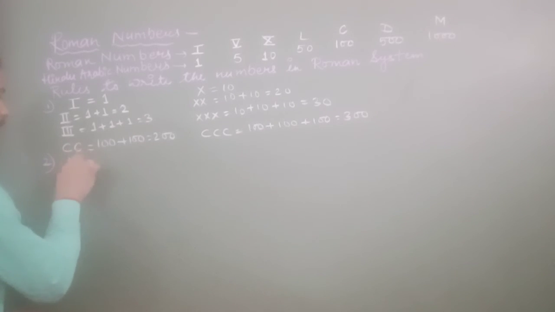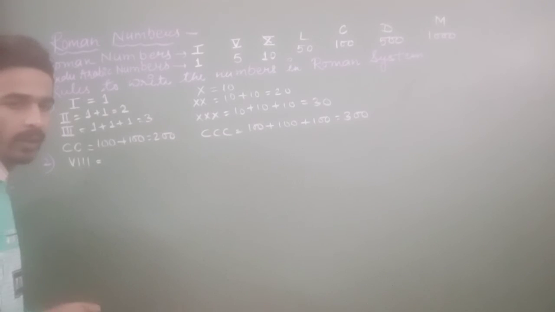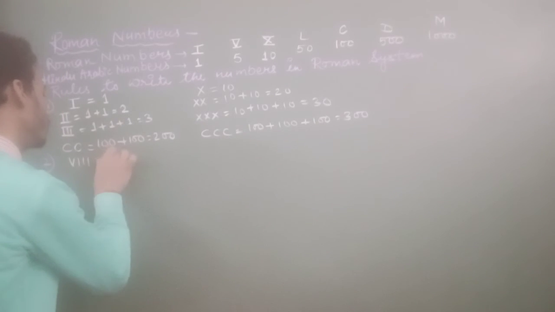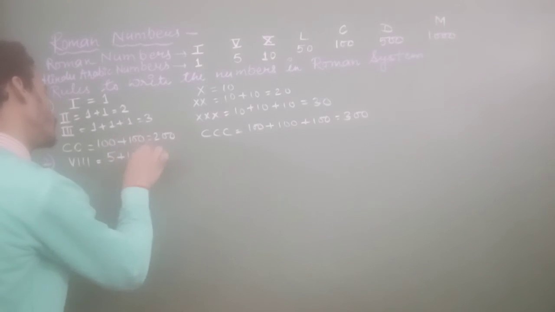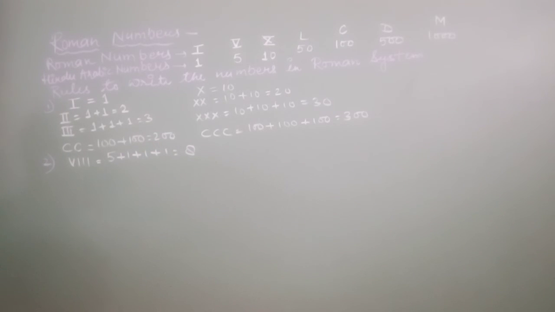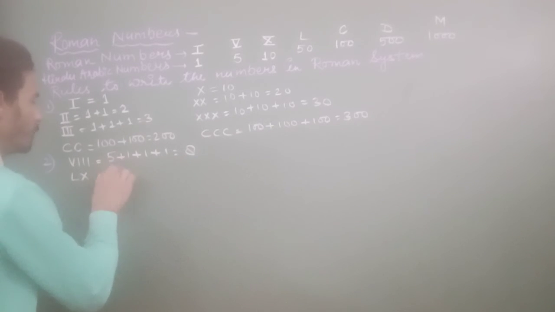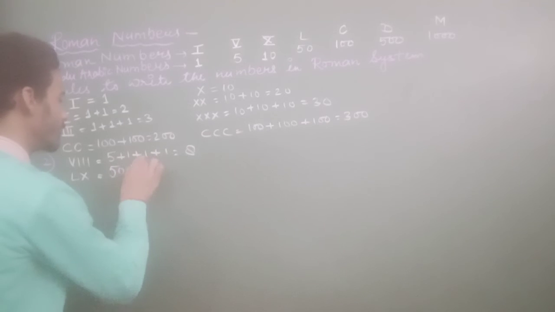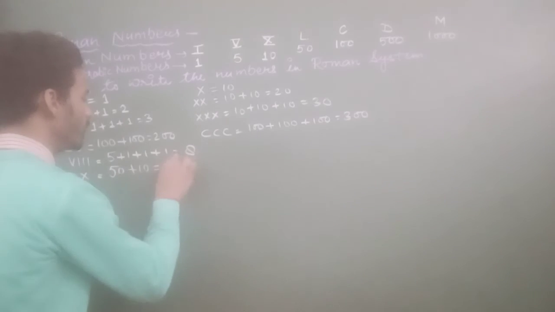VIII means 5 plus 1 plus 1 plus 1, that is 8. Next is LX. L is the greater value, X is the smaller value, and X is written to the right of L. So 50 plus 10 is 60, and that means addition.